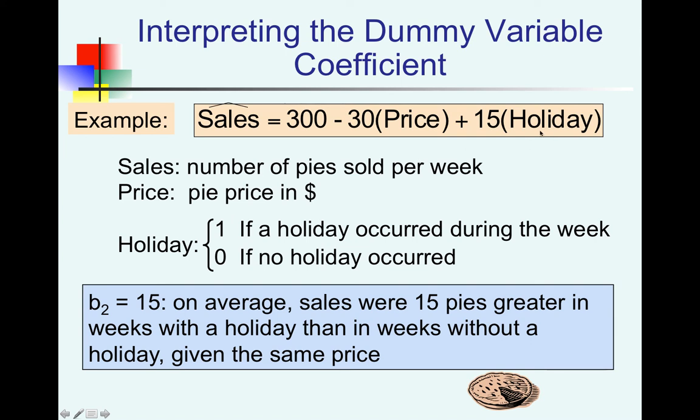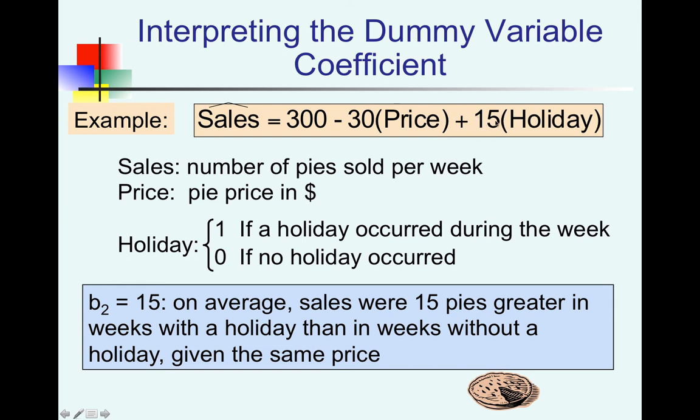So when there is a holiday, meaning holiday equals 1, I would expect to sell 15 more pies, since the coefficient is plus 15. When there's no holiday, the value is 0, so there's no increase at all. On average, sales were 15 pies greater during a holiday than when there was no holiday.